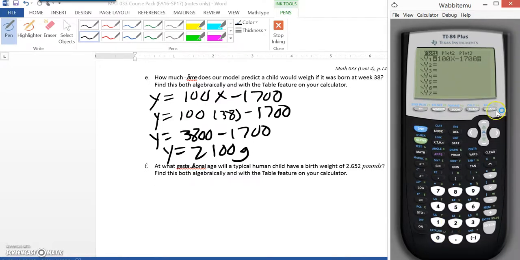And then you would press second and graph, and you would get the table. Let's go here to the table. Okay, we would need to go to 38, and it gives you 2100.